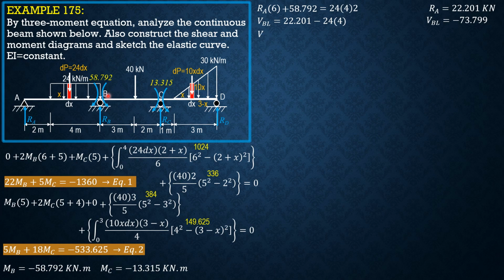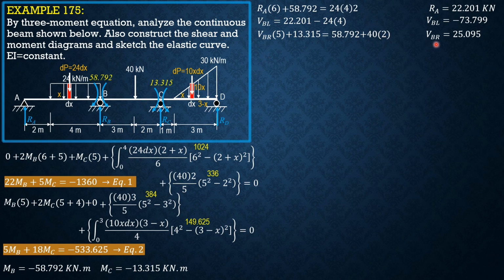So shear at B just to the right times 5, plus 13.315, equals 58.792 plus moment of the load, 40 times 2. So shear at B just to the right is equal to 25.095 kilonewtons.